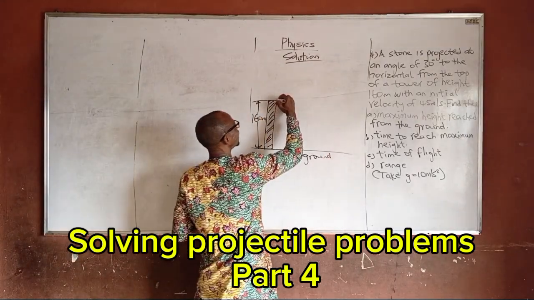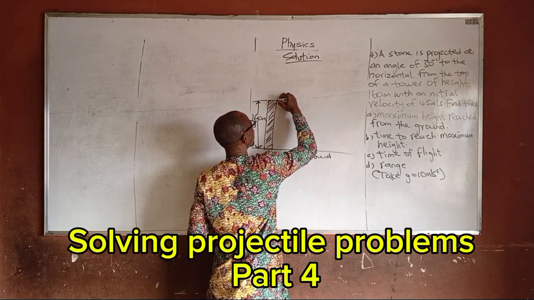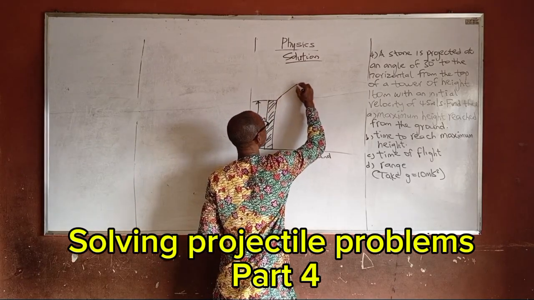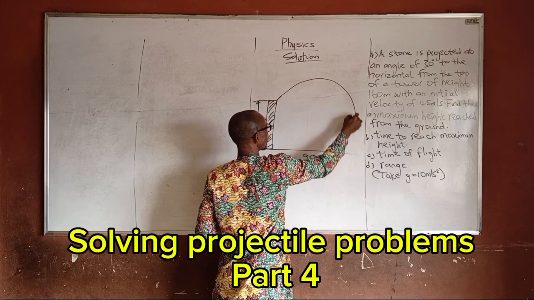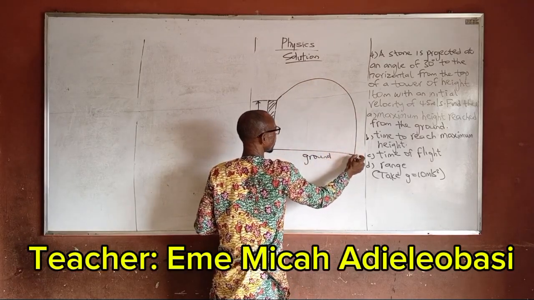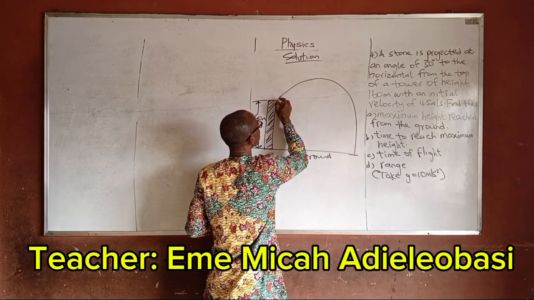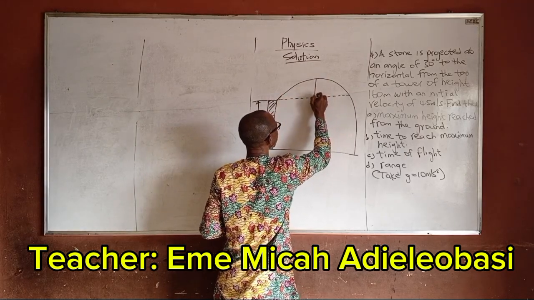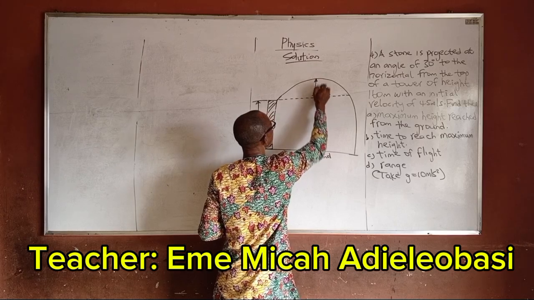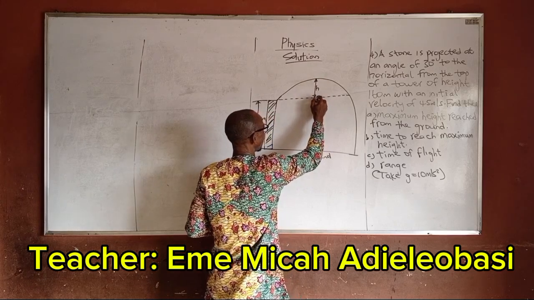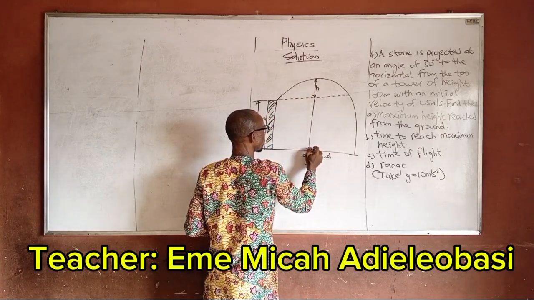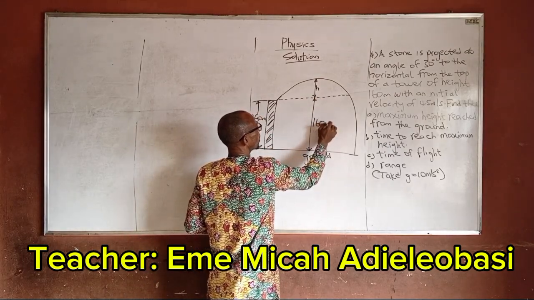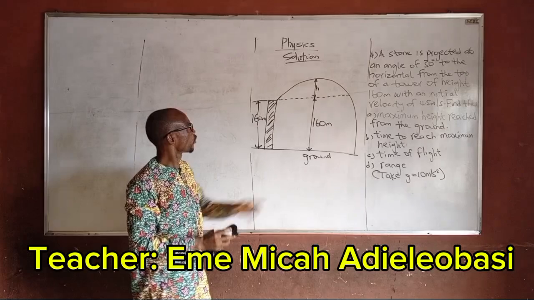And it's projected at an angle of 30 degrees, and it comes down. From here to here gives us a height, and from here to here we still have the same height as the height of our horizontal.